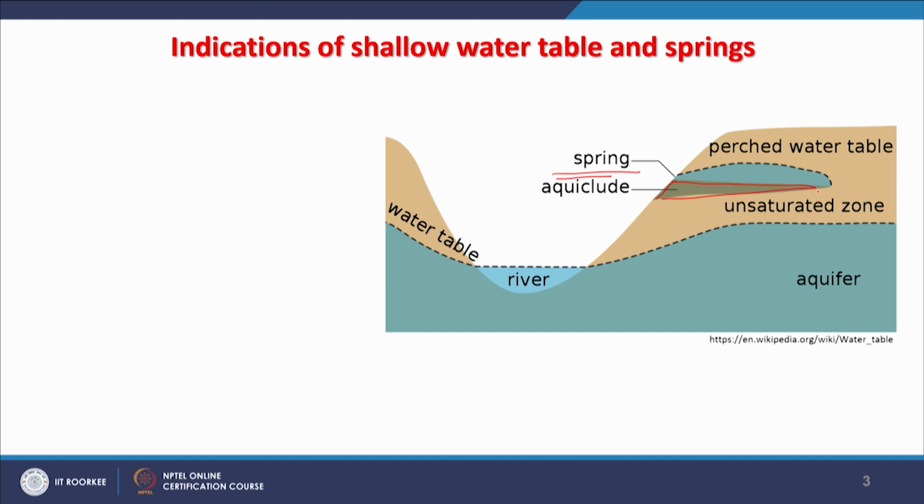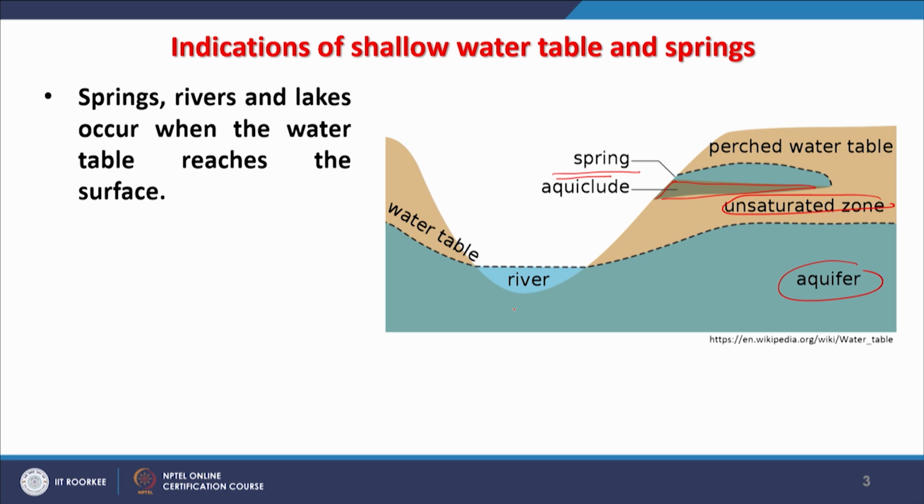If locally another water table has developed, which is not large in extent, then in the surroundings you have an unsaturated zone, and then a saturated zone and aquifer. So springs can occur there, or springs can also occur elsewhere where the topographic surface is cutting your water table.